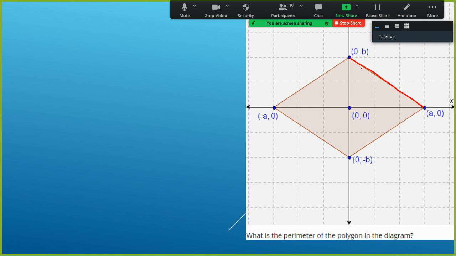Okay. So let's use the distance formula to find, I'm going to call this point number 1, not letters because they're using the A's and B's already. And then this will be point number 2. So let's use point 1 and point 2 in the distance formula to figure out how long is the segment between 1 and 2.